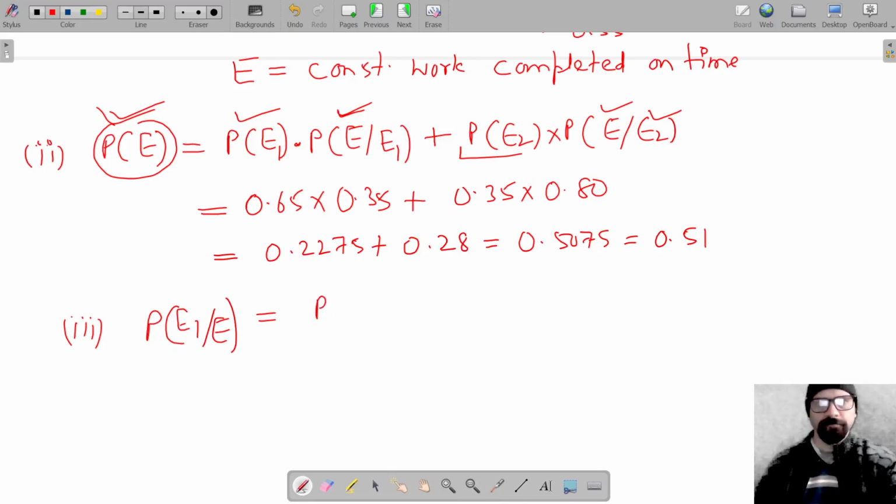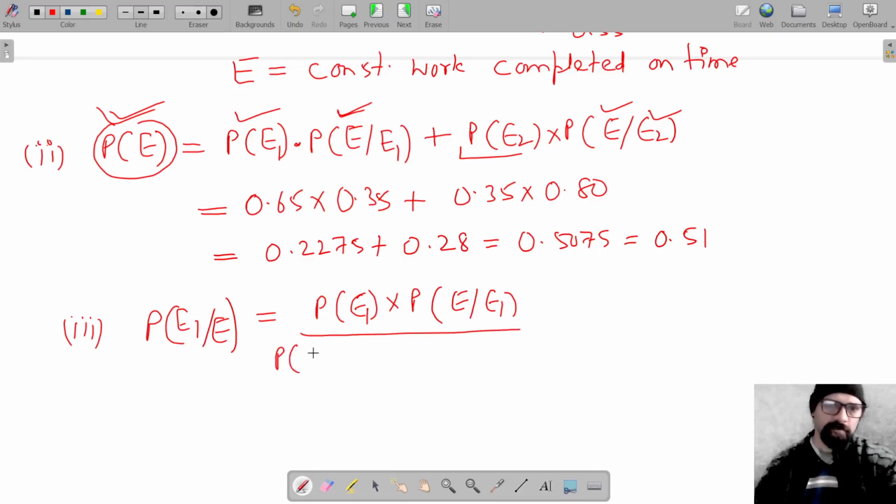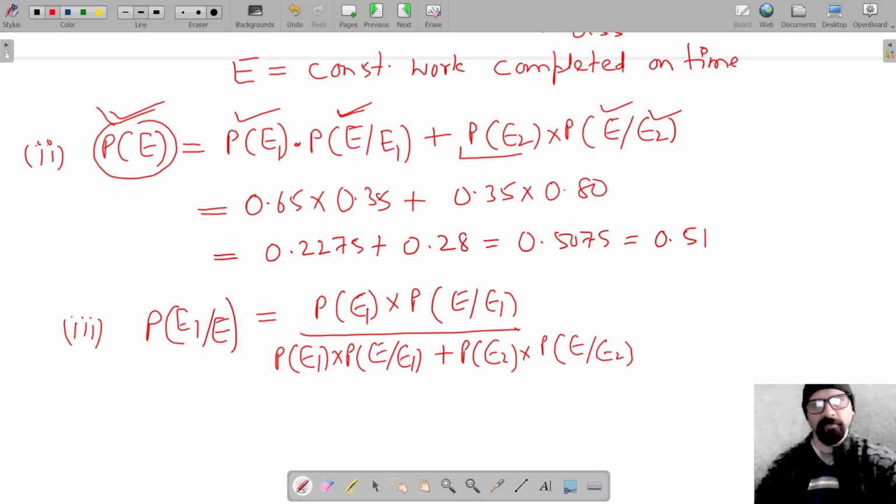So E1 by E is probability of E1 into probability of construction work completed when all the workers are not present, E by E1, upon that plus the second event, when all the workers are present, and the probability that construction work is completed when all the workers are present.